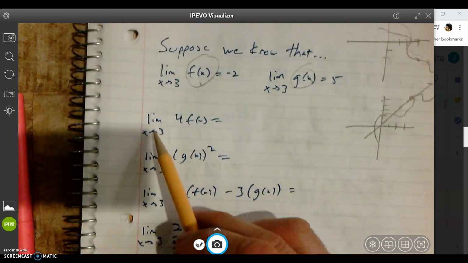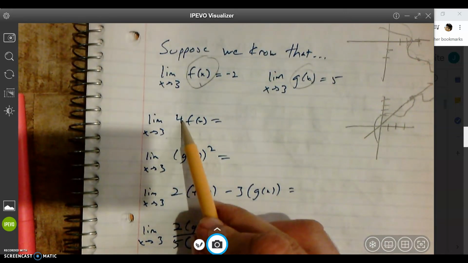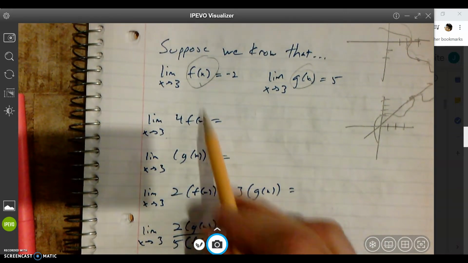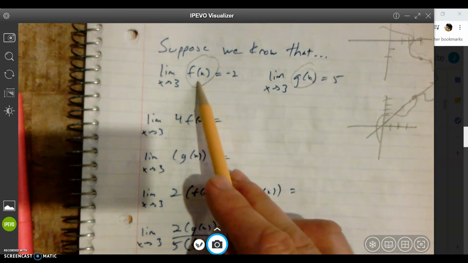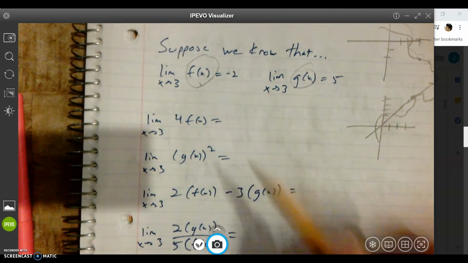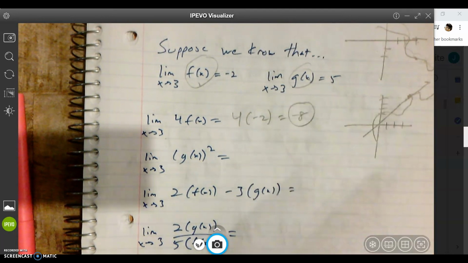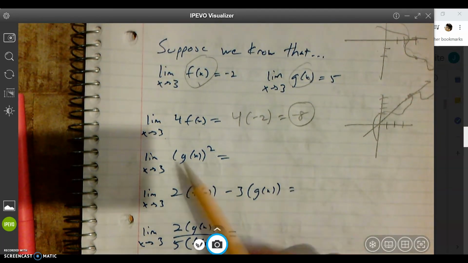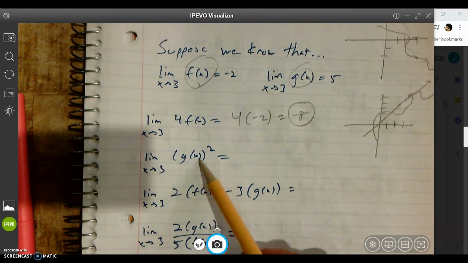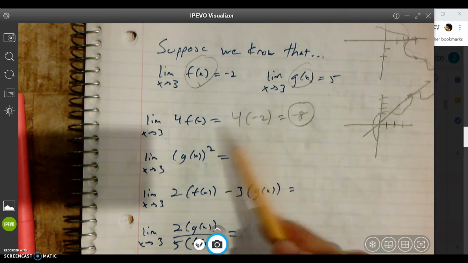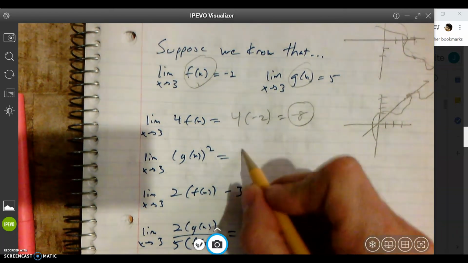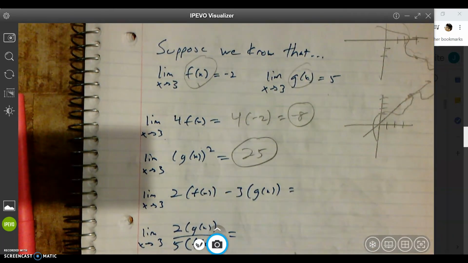So let's try it. The limit as x approaches 3 of 4 times f of x. All I'm doing is multiplying this limit of f of x by 4. So it's just 4 times negative 2, which is negative 8. Bam. And the limit as x approaches 3 of g of x, we know that is 5. Now I'm squaring it, which is 25. There we go.